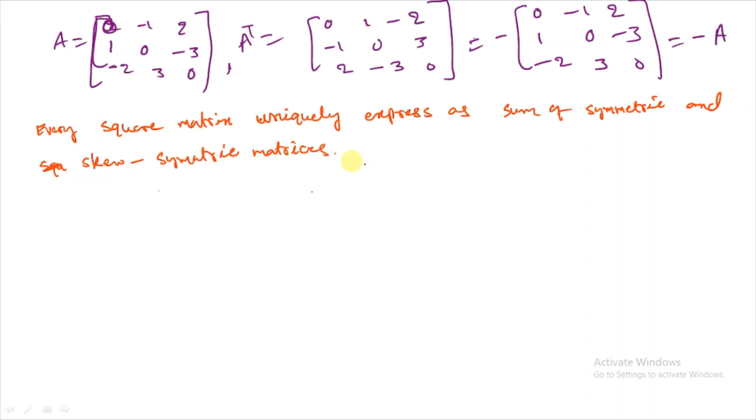Every square matrix you can express as a sum of symmetric and skew-symmetric matrices. Already you know. Suppose let A be a square matrix, any square matrix.